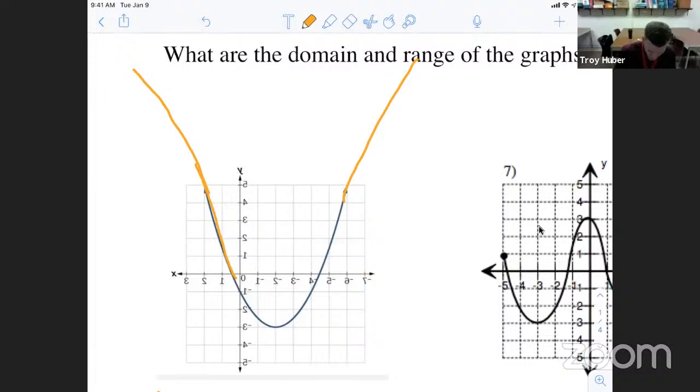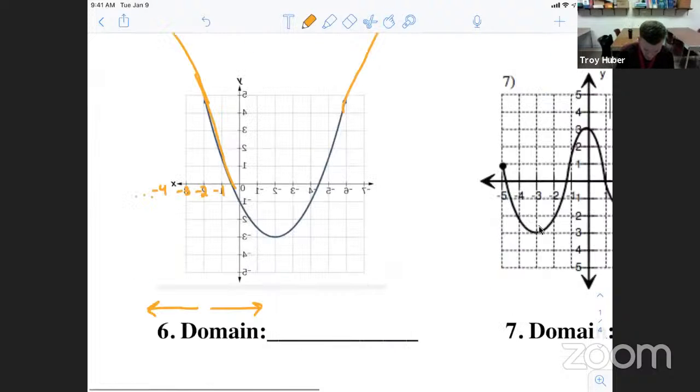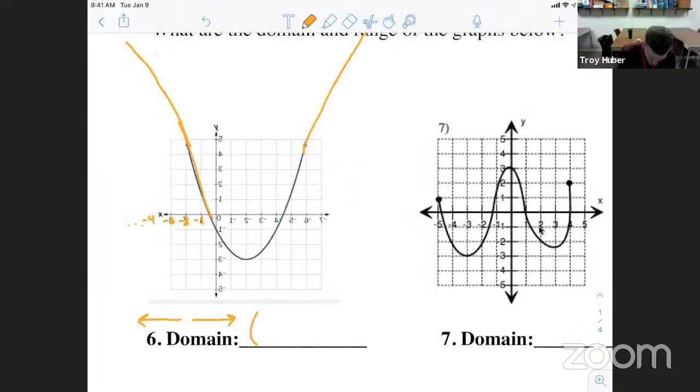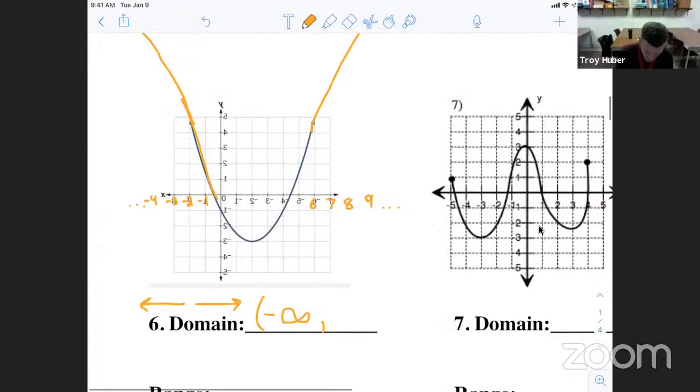So this is going to all of your negative numbers, -1, -2, -3, -4, and on. Since it's going to the left to all of our negative numbers, I'm going to say it's going to negative infinity. And then to the right, it's going to 6, 7, 8, 9, and on forever and ever, because this graph never ends. So I'm just going to say it's going on to infinity.